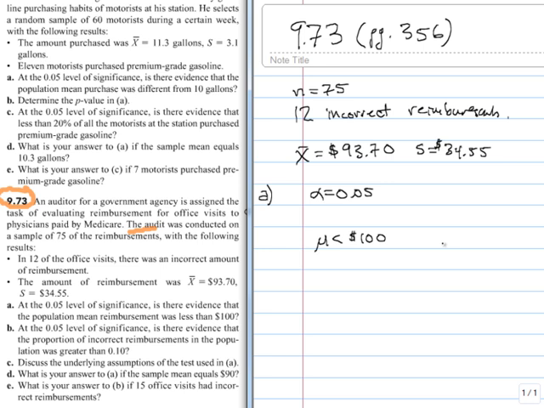That would be like a claim, but since there's not an explicit claim being made, we can go directly to the hypotheses. Since there's no equal sign in this statement of evidence, the alternative hypothesis is that the population mean is less than $100. H sub 0, the null hypothesis, is the opposite, mu greater than or equal to $100.